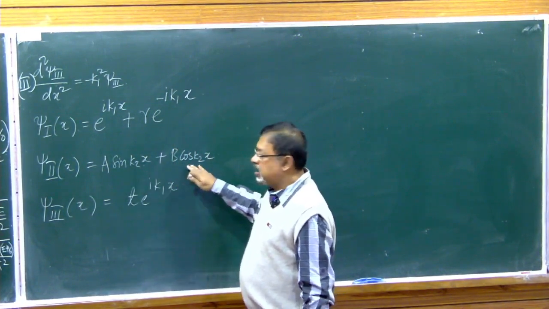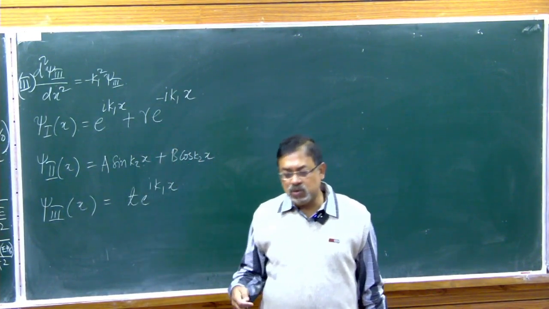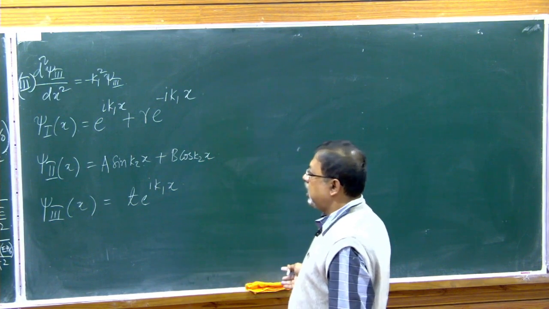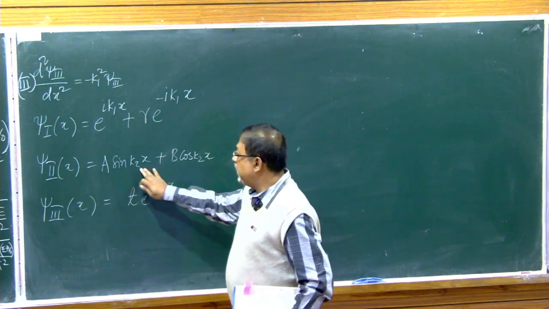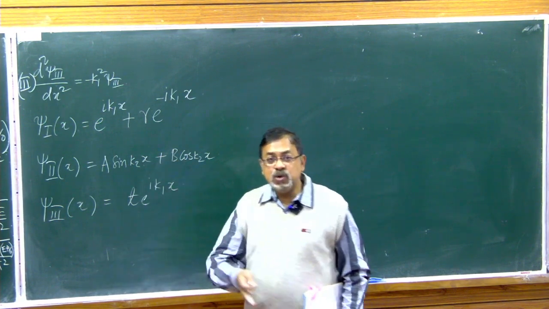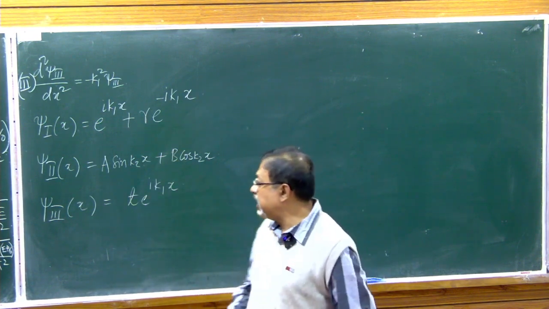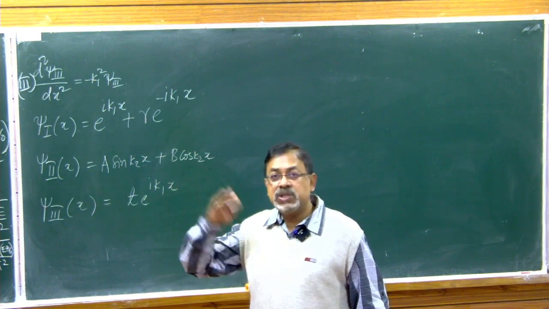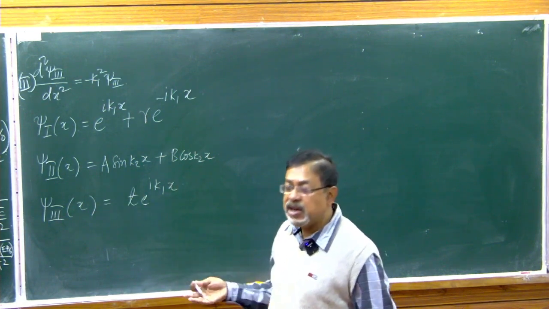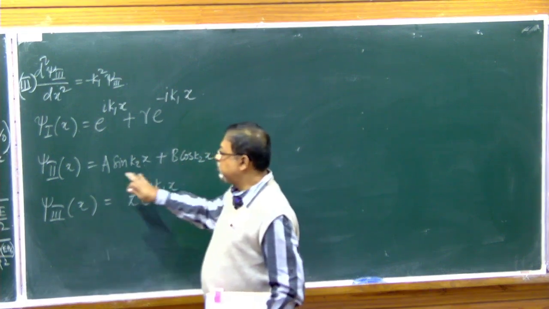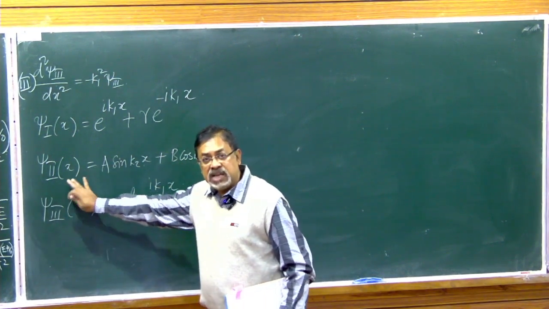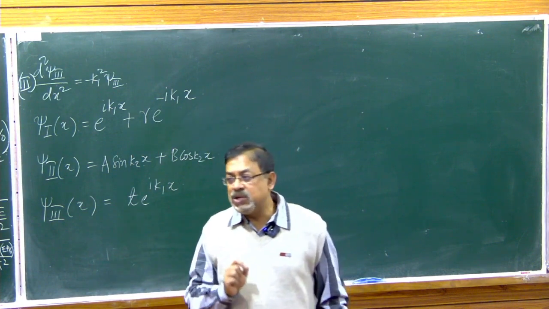This is a sinusoidal solution and a cosine solution between plus a and minus a. Look, we are not dropping any of this here because there is no infinite potential that exists at minus a, which was the case for the particle in an infinite potential well. So we can keep both the solutions because the wave function, the psi 2, does not have to vanish at x equal to minus a.